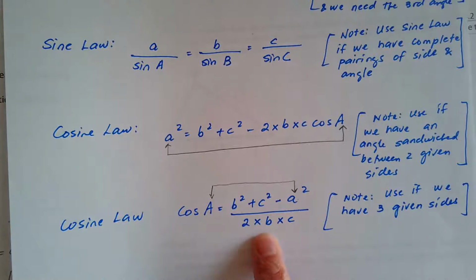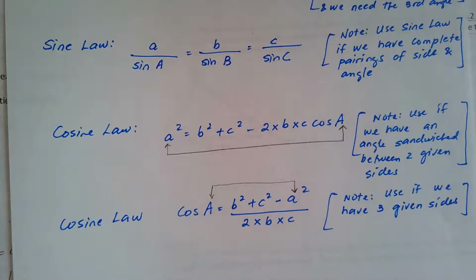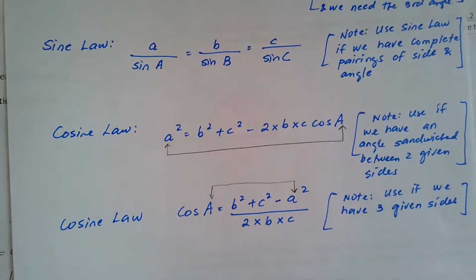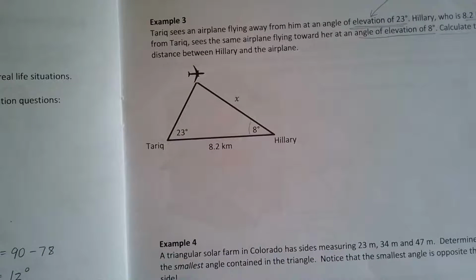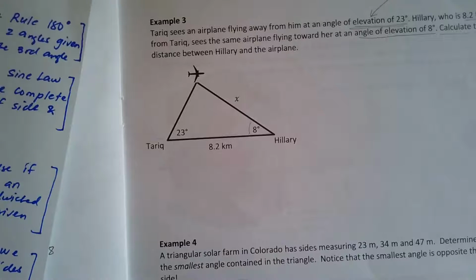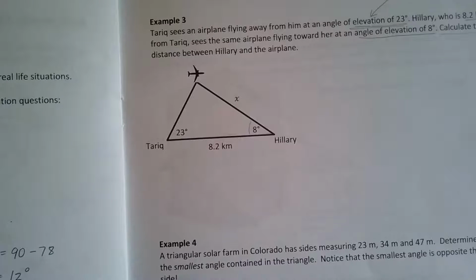You've got three sides that are given. We're going to solve for the angle. Okay. So this is kind of like a review of everything that we've done with all the formulas. So going back to this one, if you didn't get all of this written down, it's okay. I will post that on the blog too.